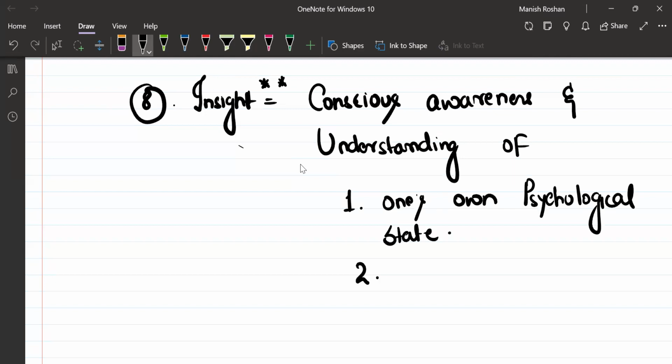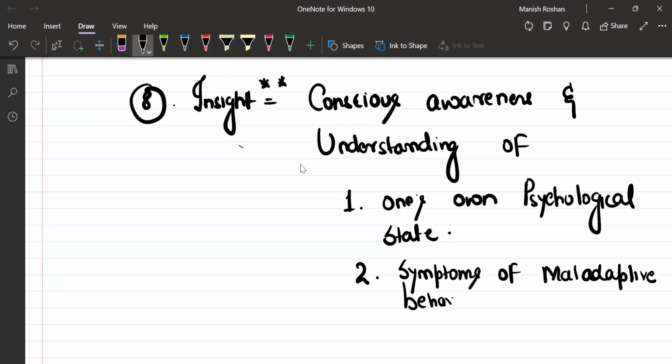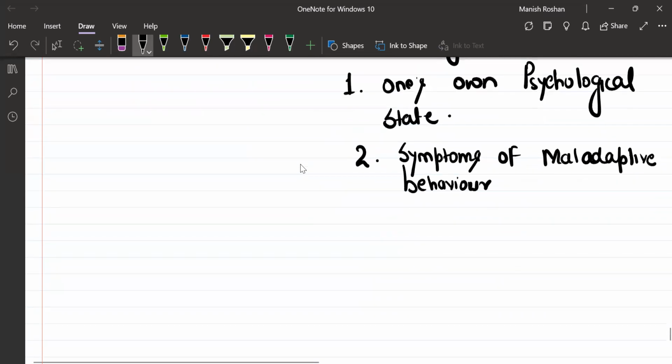Number two, symptoms of maladaptive behavior. And number three, the need for treatment.